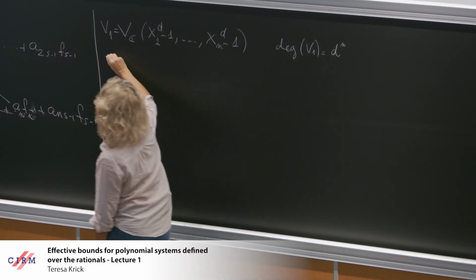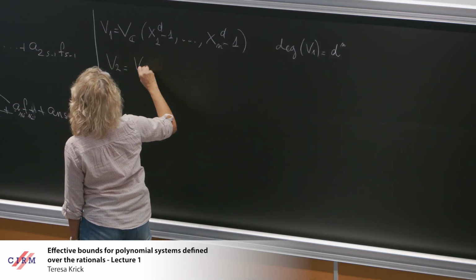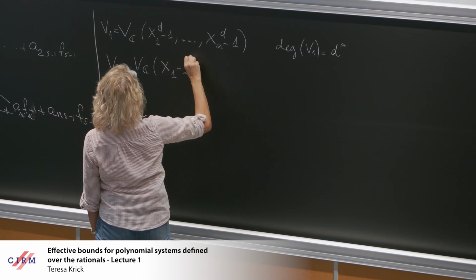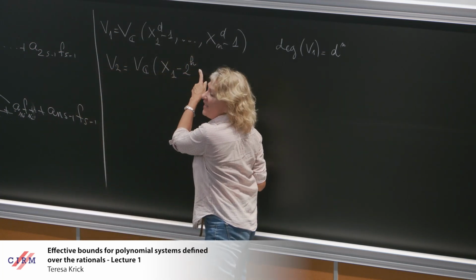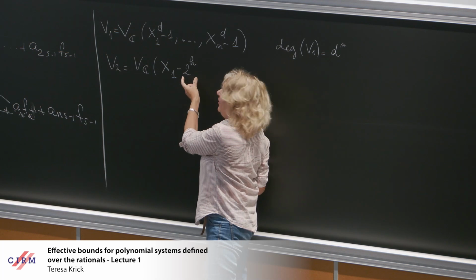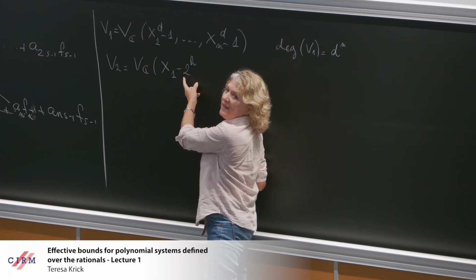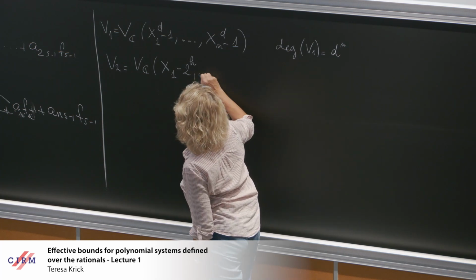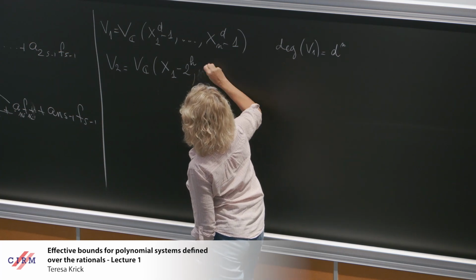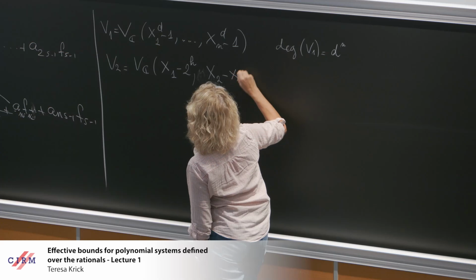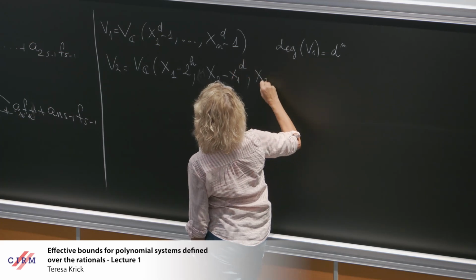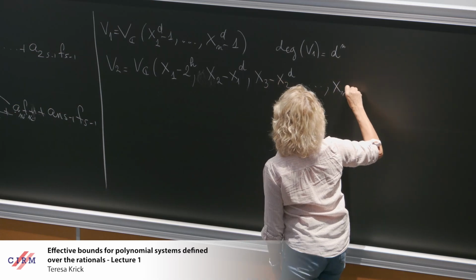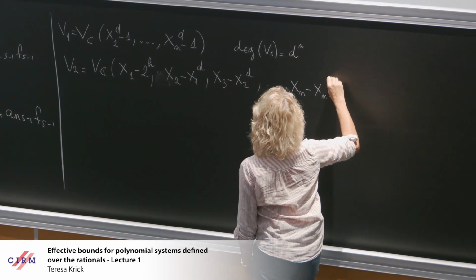But what about this one? So I write 2 to the h because this is the classical number whose height is log of 2 to the h. What happened in this case?